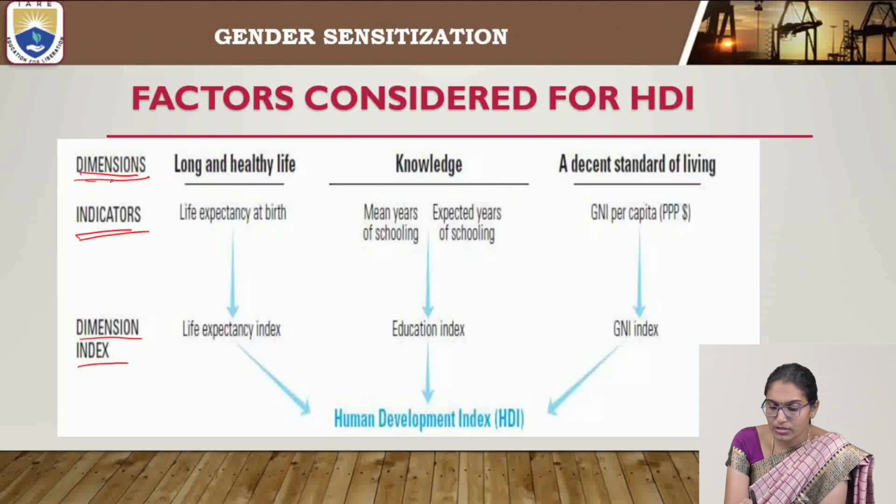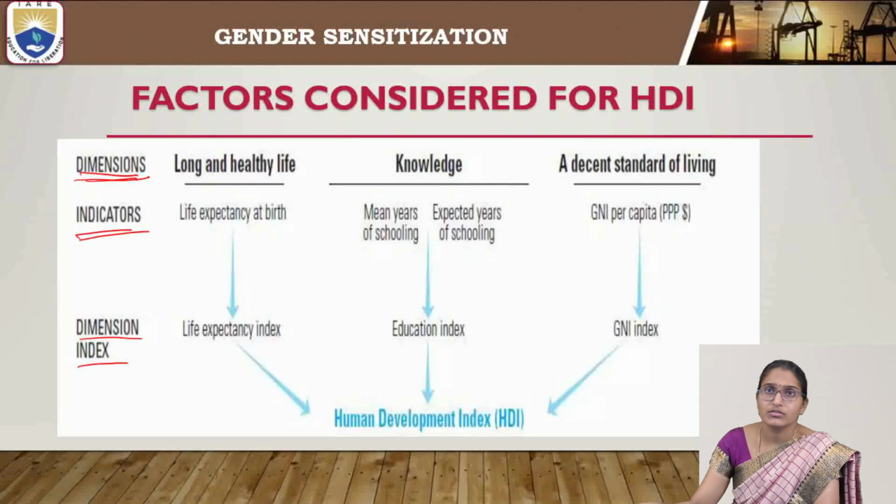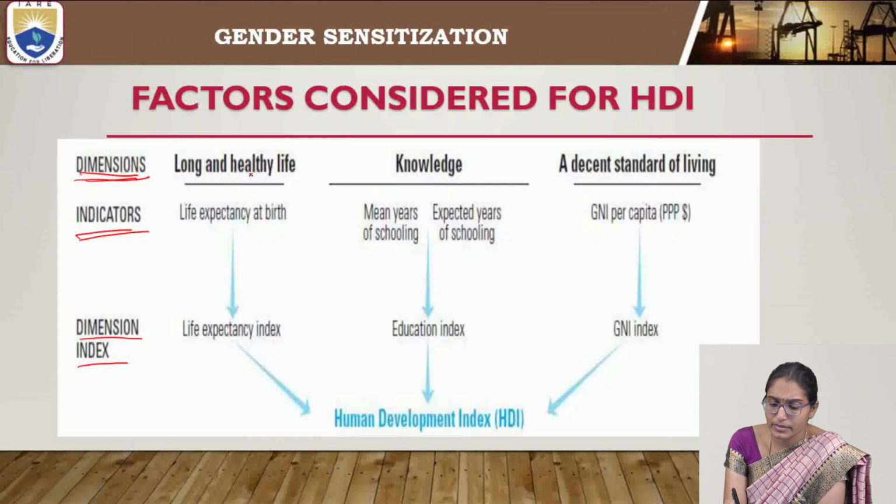The dimensions include, first, life expectancy, nothing but a long and healthy life. How healthy are the people, meaning how long is the life of an average human of a particular place. And knowledge, which is about education, and a decent standard of living.